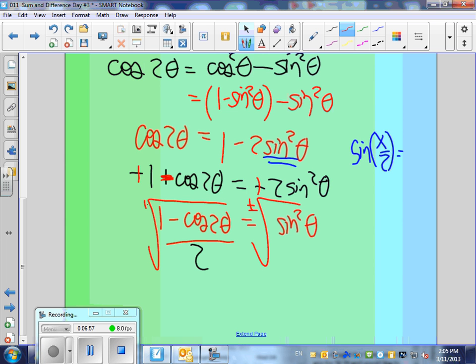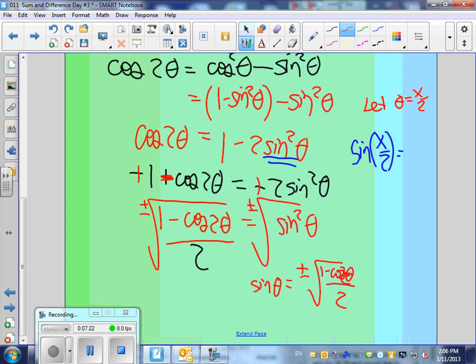of both sides. And so my answer is going to be sine of theta equals plus or minus the square root of 1 minus cosine 2 theta, all over 2. Then I'm going to let theta be equal to x over 2.